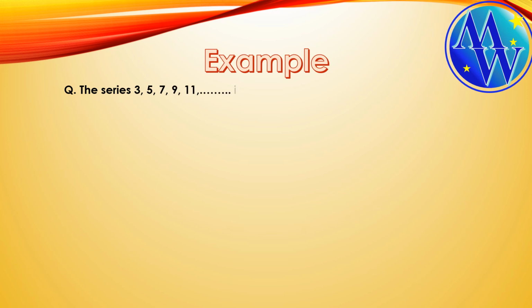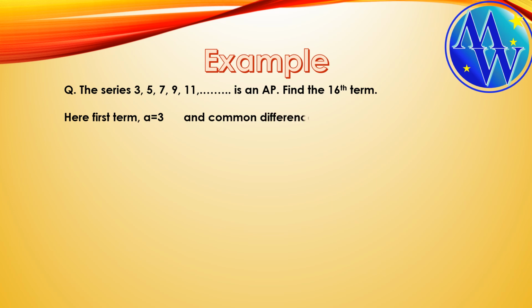Question number 1. The series 3, 5, 7, 9, 11, etc. is an AP. Then find the 16th term. Here the first term is 3 and the common difference is 2. We have to find the 16th term, so n is 16.